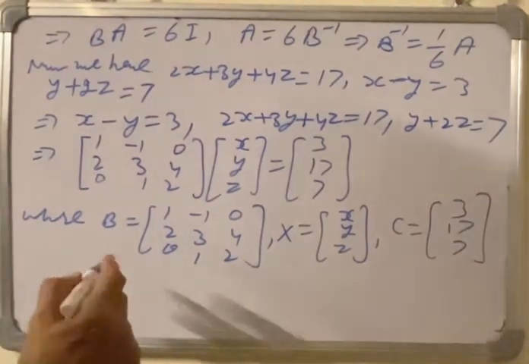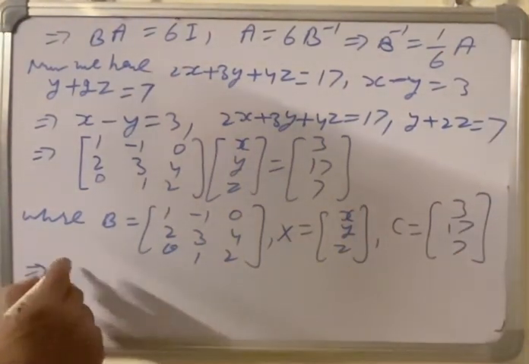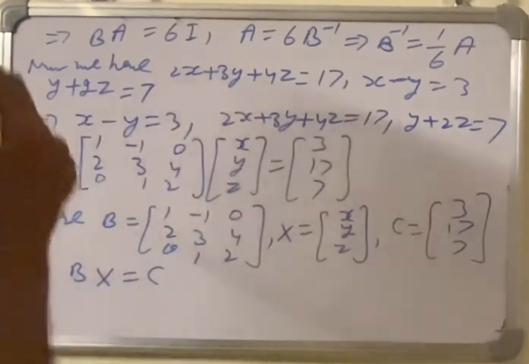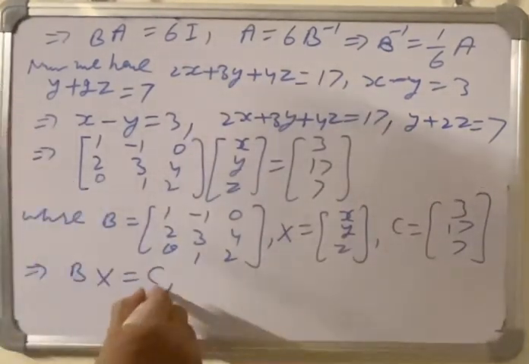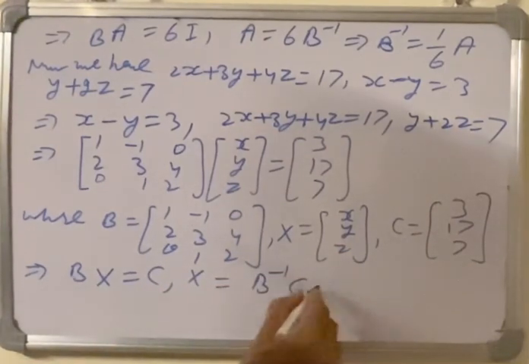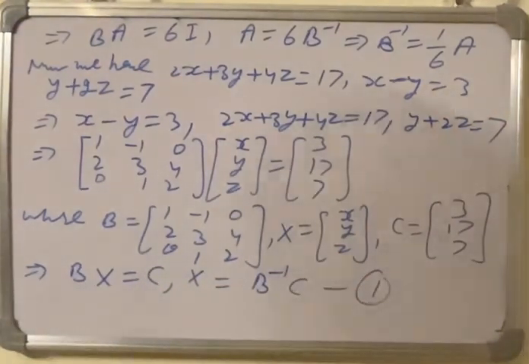So this is of the form BX is equal to C. So X is equal to B inverse C. This is number 1.